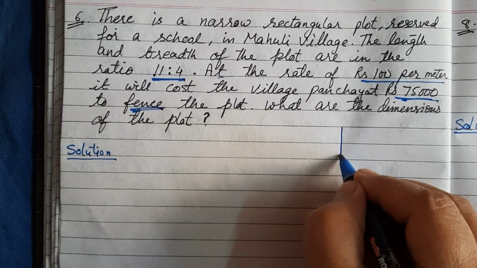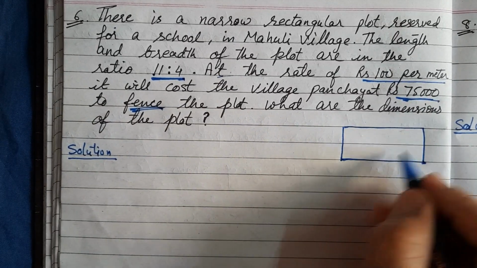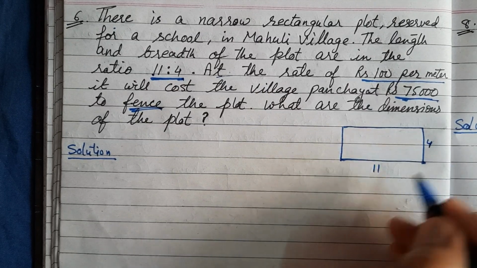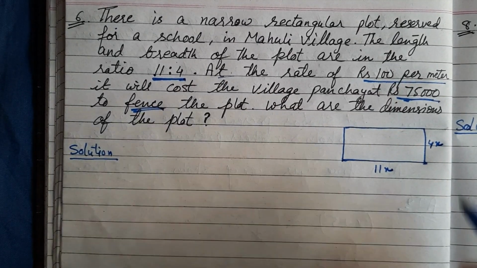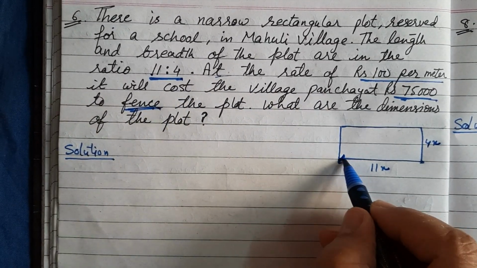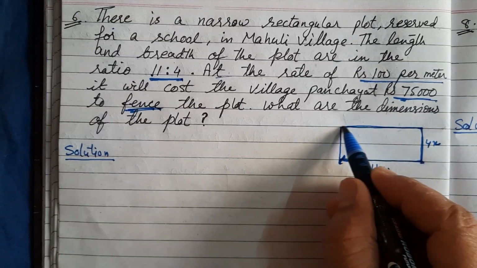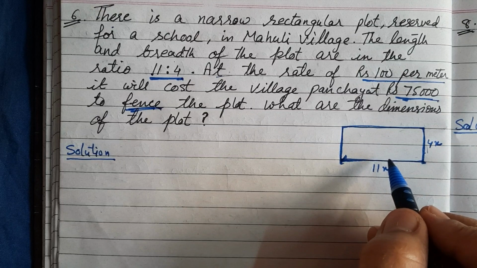So if this is a rectangular plot, ratio of length to breadth is 11 and 4. So if 11x is the length, 4x will be the breadth. Then to fence, it means this outer boundary. This outer boundary or fence is known as perimeter. So we have to find out the perimeter.